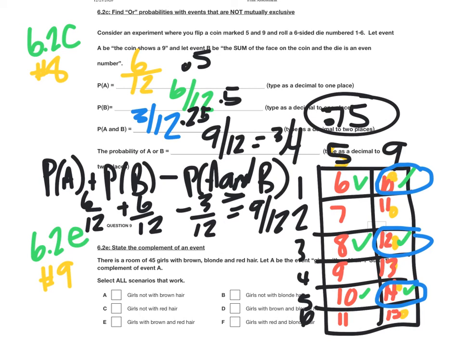There are 2 answers that would work for this. If our event is girls with red hair, the complement would be girls without red hair, girls not with red hair. However, there's another one: girls with brown and blonde hair would actually meet that same requirement. So this did have 2 different answers.